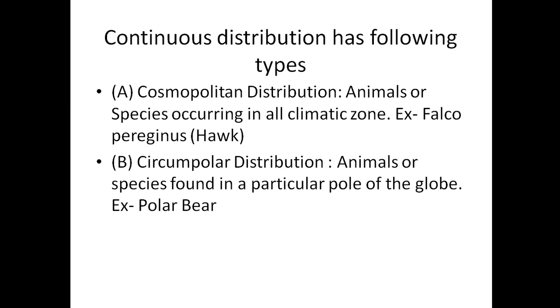So this is one type of continuous distribution. Second one is circumpolar distribution. As far as their pattern of distribution is concerned, they are continuous. But these animals or plant species are found only in a particular area of the globe, in a particular pole of the globe.